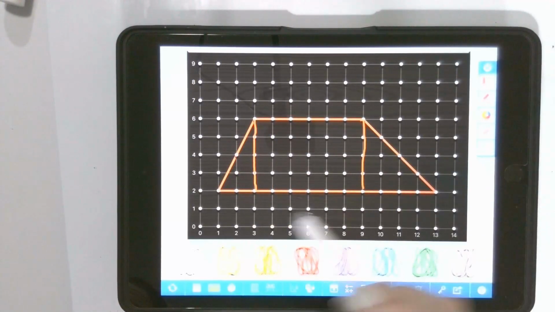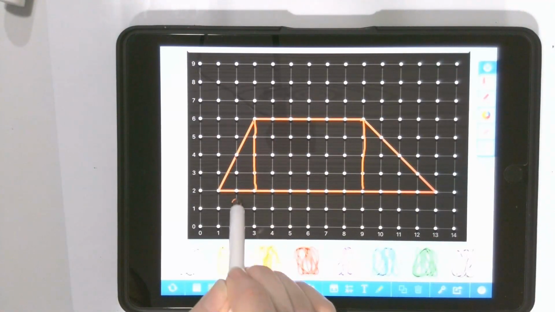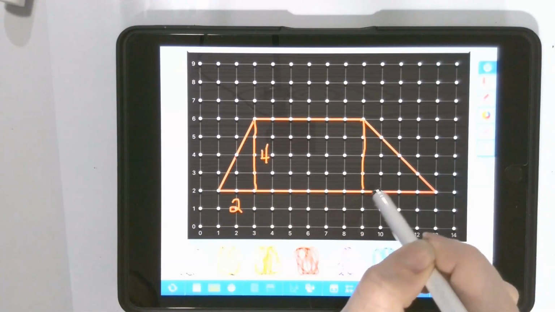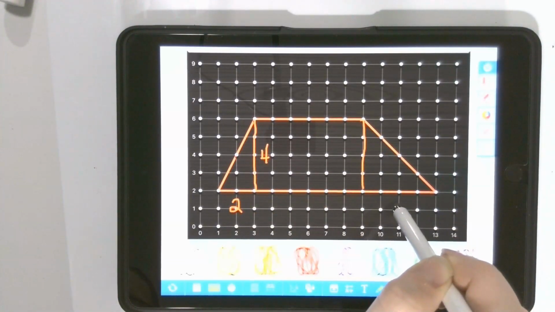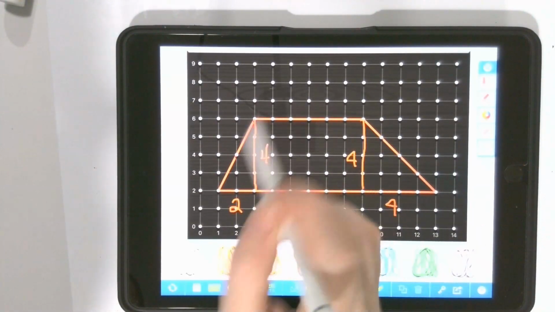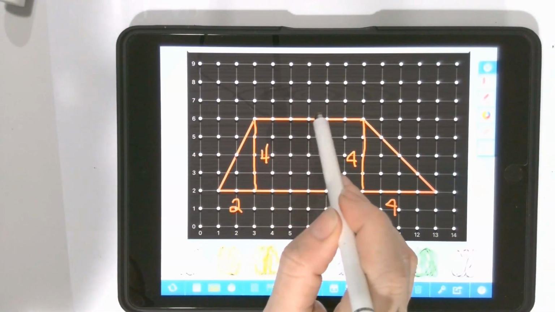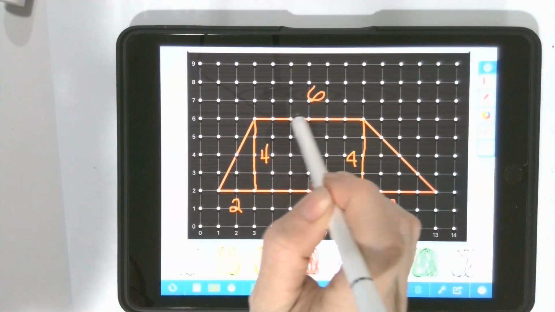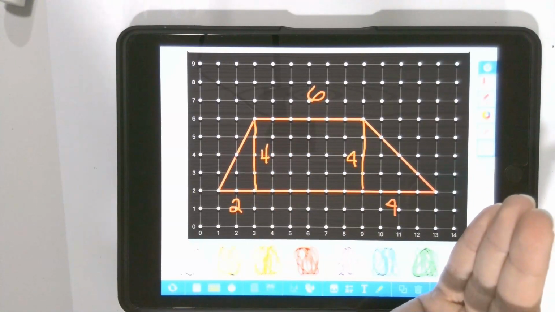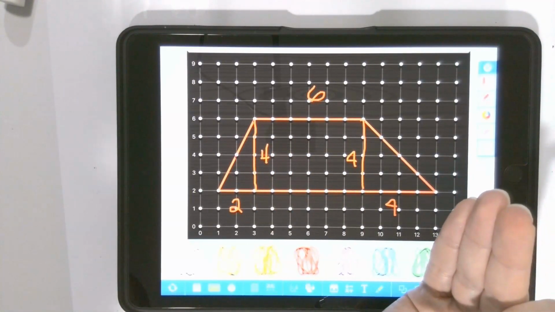So we could take the area of this triangle, which is a base of 2, a height of 4. We could take this triangle over here, which is a base of 4, also a height of 4. And then we could take the center rectangle, which is 1, 2, 3, 4, 5, 6, and a height of 4. You could take all three of those individual shapes, add them together, and get your area.